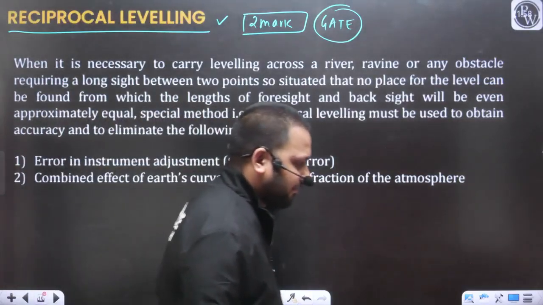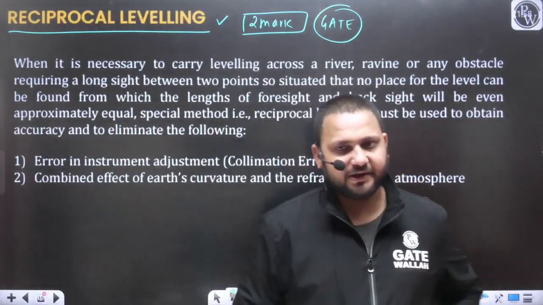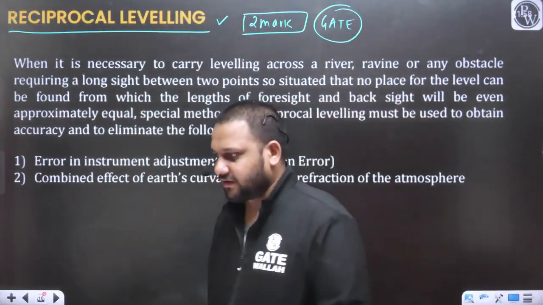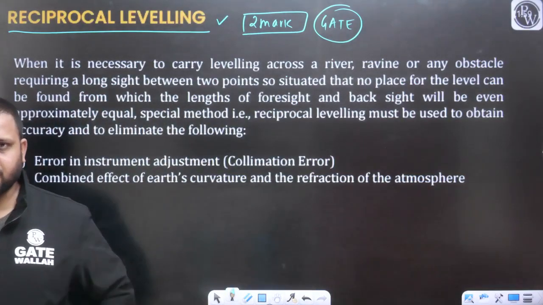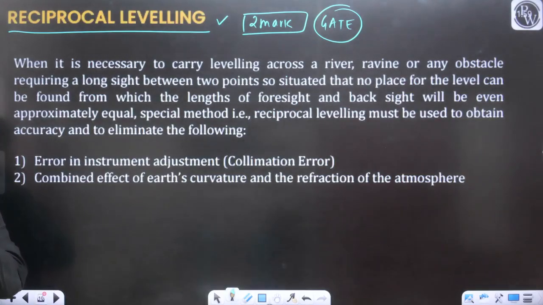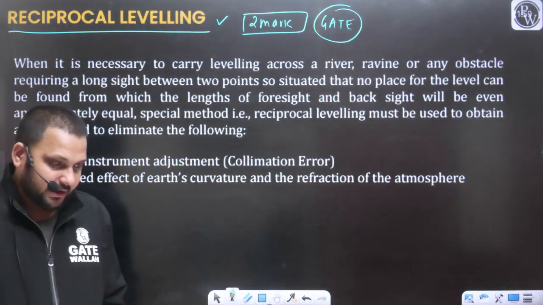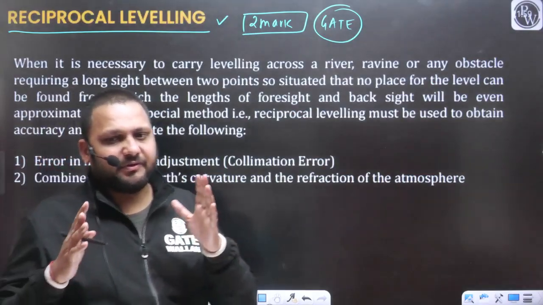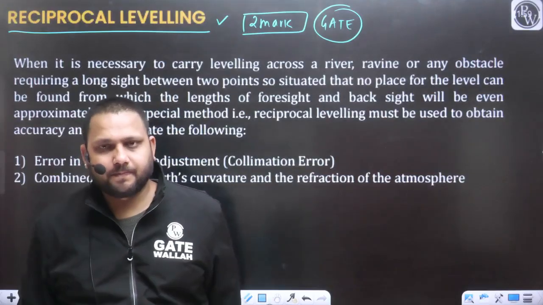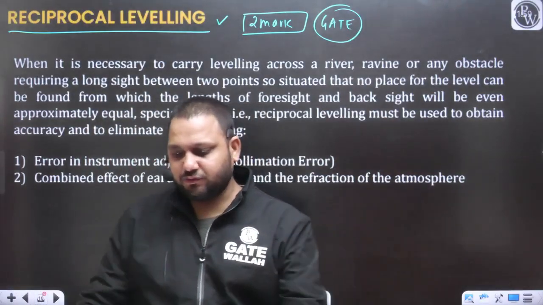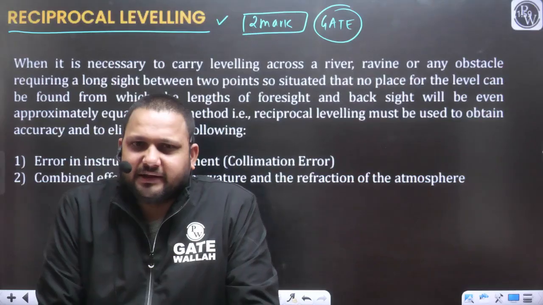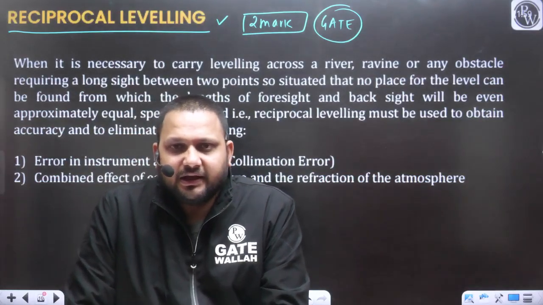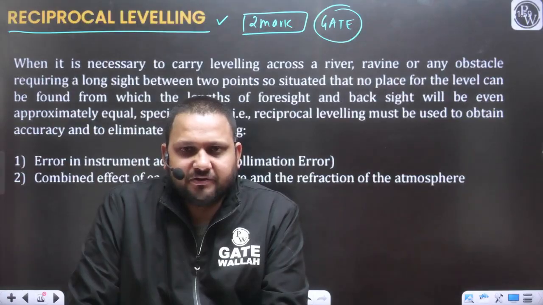All these points are clear, yes? So whenever I use the term reduced level, we are taking the measurement from the mean sea level, yes or no? Okay, no problem with that. As we know, as the distance between the instrument and the staff increases, the combined correction will also increase, or you can say the error due to the curvature and the error due to the refraction will also increase.